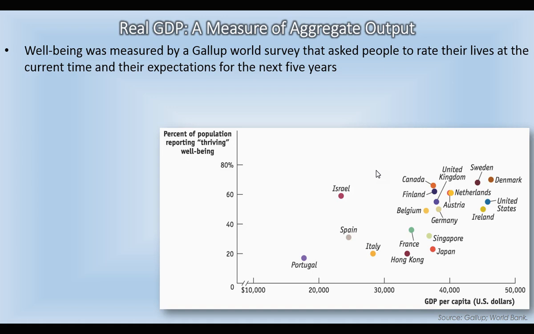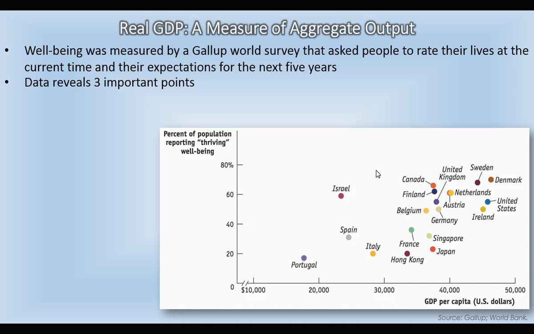So well-being was measured by a Gallup World Survey that asked people to rate their lives at the current time and their expectations for the next 5 years. So data reveals three important points. Here we've got on the y-axis the percentage of the population reporting thriving well-being, those that really think that their lives are great as a result of their living standards.